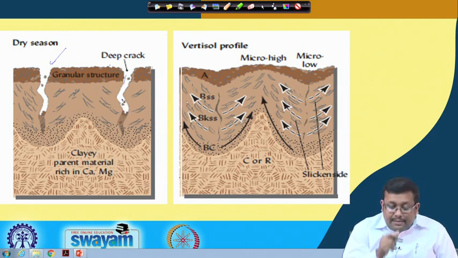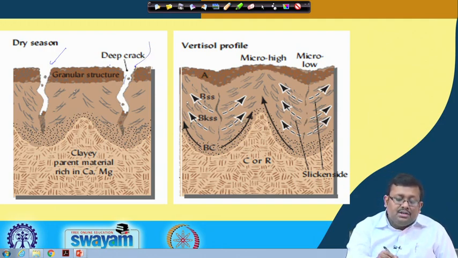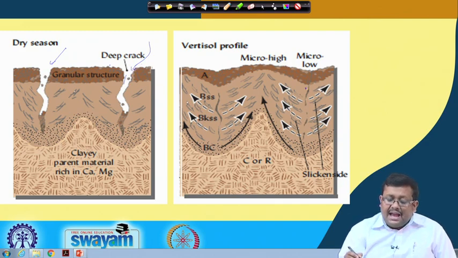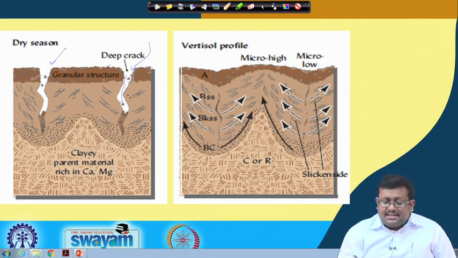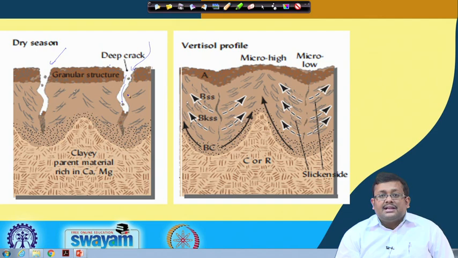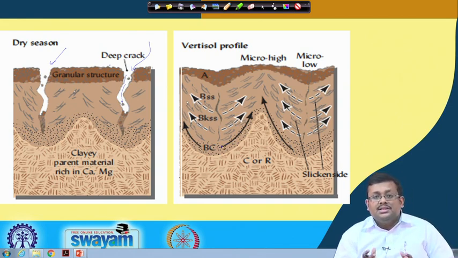Now during the rainy season or wet season, when water moves down into these cracks and fills them, the soil present in the cracks swells, and as a result of swelling the soil volume increases.